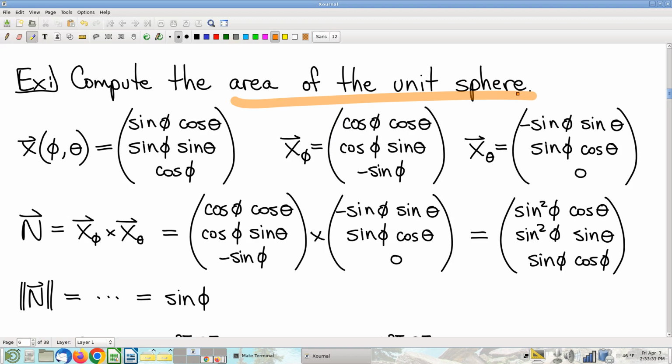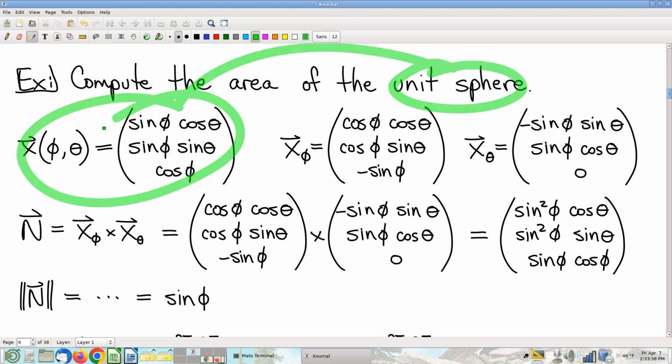Anyway, so here we go. Unit sphere. Here's our parameterization of the unit sphere. Again, we've used this several times today already. This is the spherical parameterization with rho equals 1.